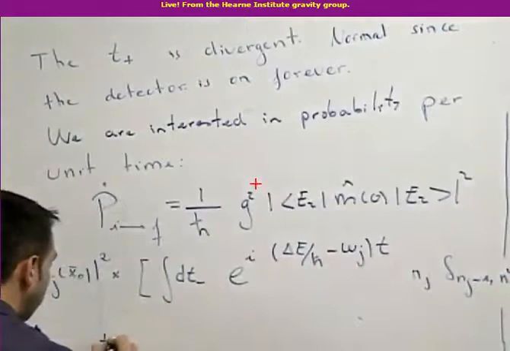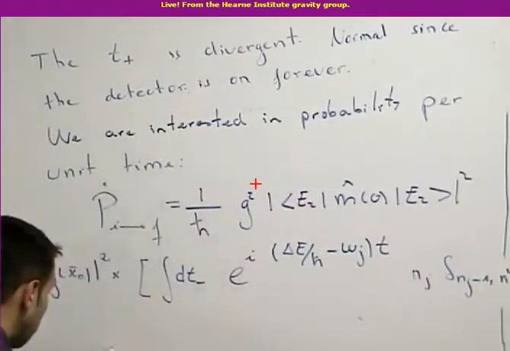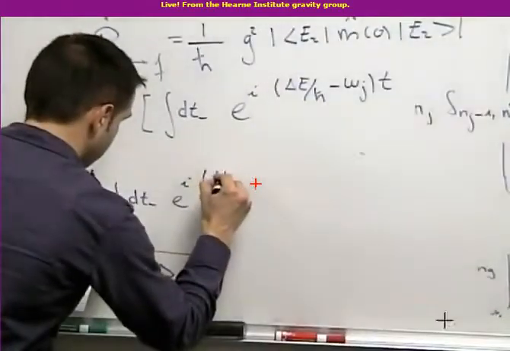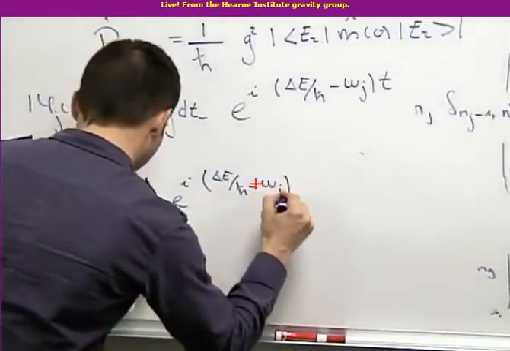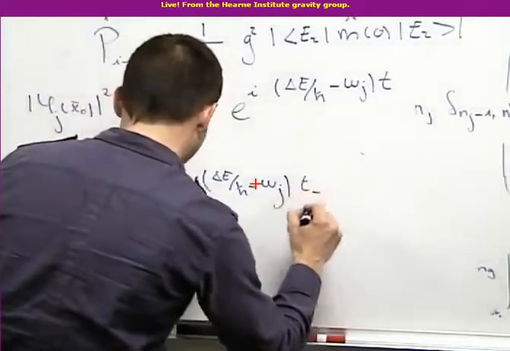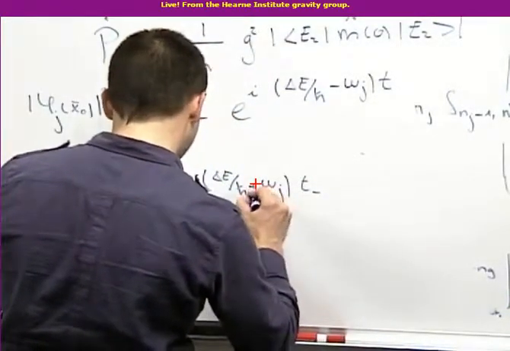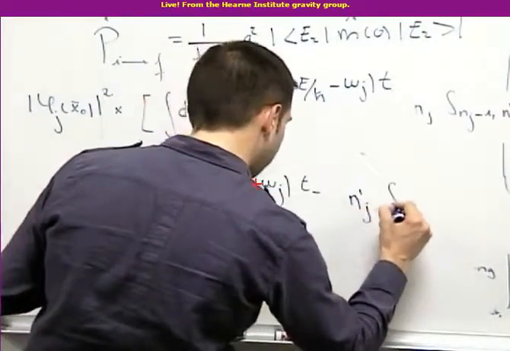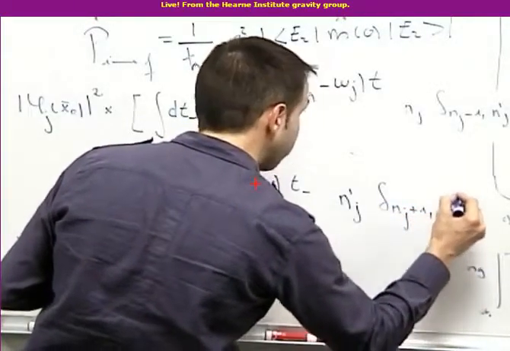And I have another term. Let me put some space here. j delta n_j plus 1, n_j.